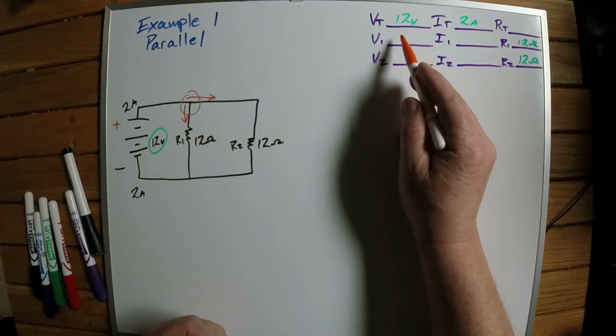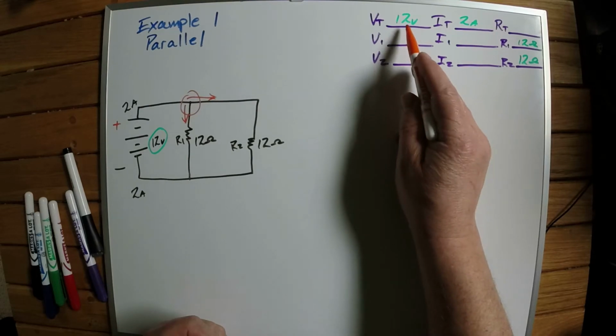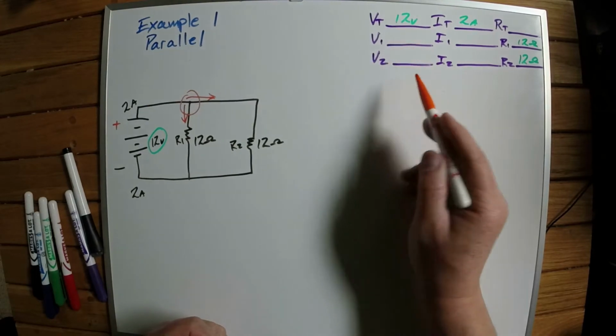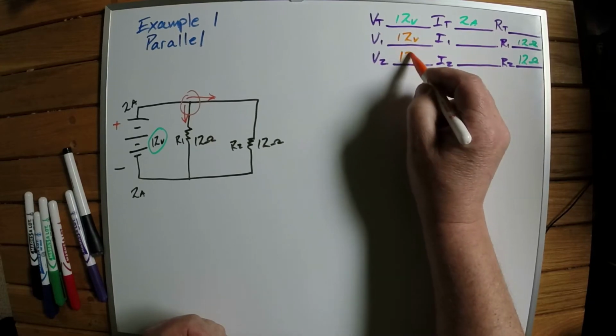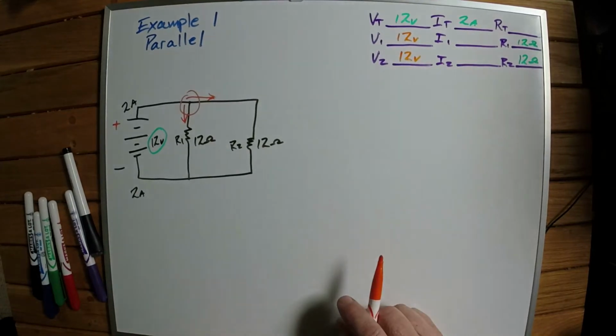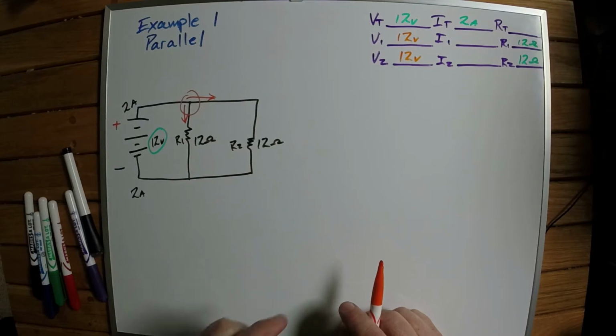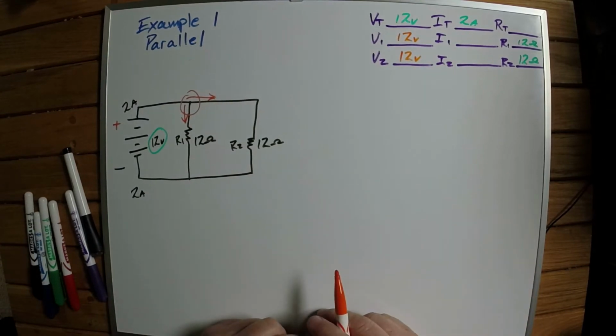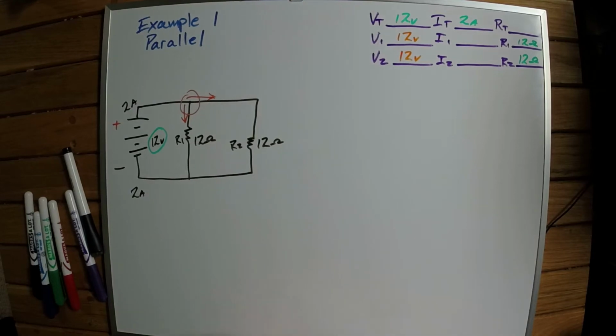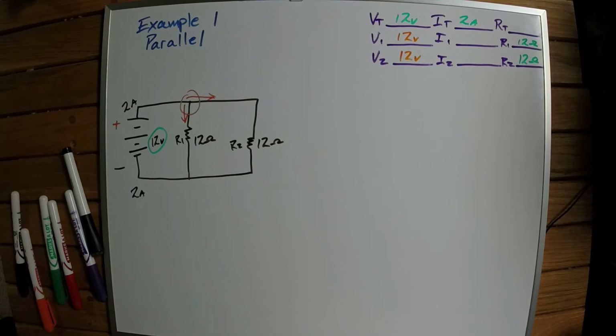So we know our voltage total, we can add that voltage to the other two resistors because voltage is going to be the same all the way through the circuit. So now it's a matter of just doing some simple Ohm's law, and we can figure out what the rest of the values are, and that way we can double check ourselves as well.